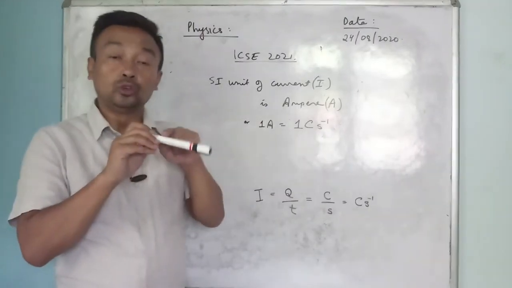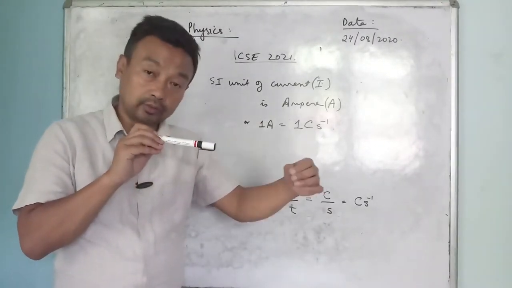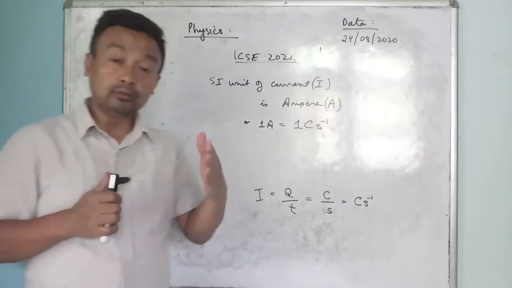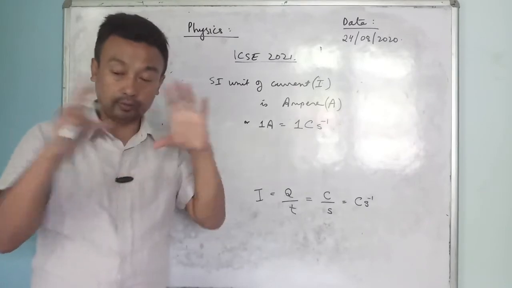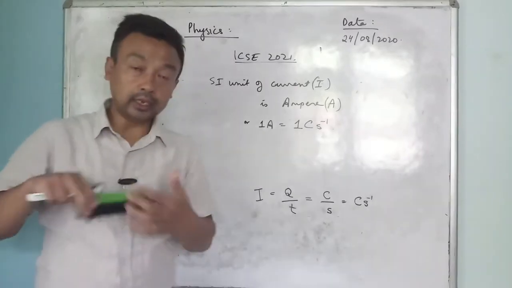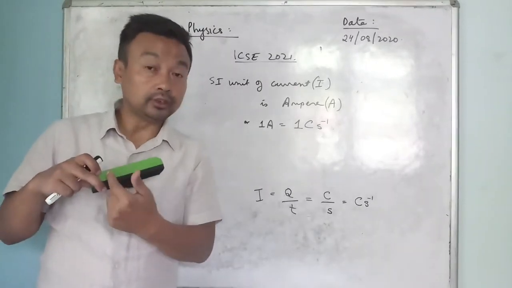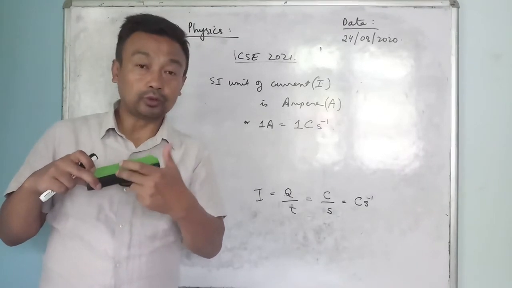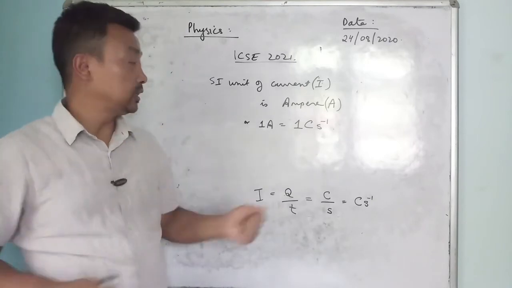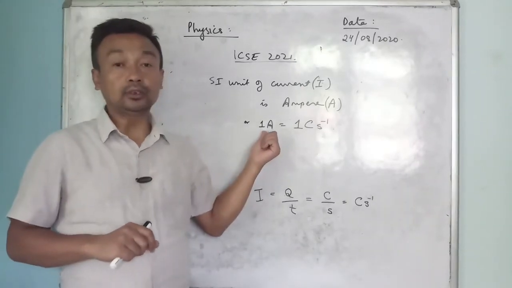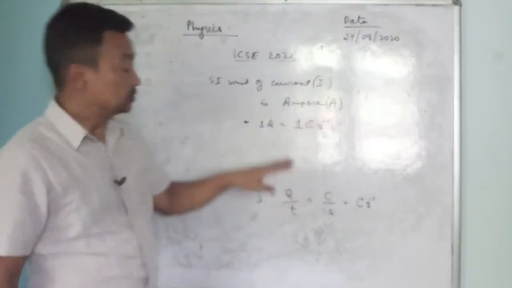We might say 2.5 ampere current. When you buy electrical appliances which run with the help of electricity, the unit will be mentioned there, something like 1.5 ampere, capital A. That capital A gives you the value of the current I.